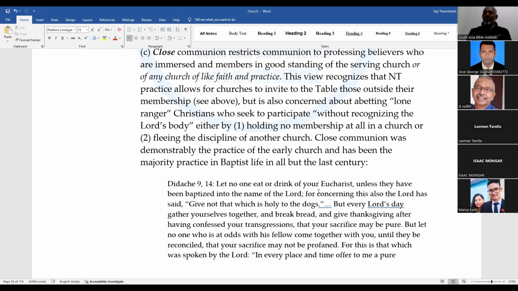Look at verse 6. What do you read? Troas. Go ahead, Manoj, shall I read? Yeah.